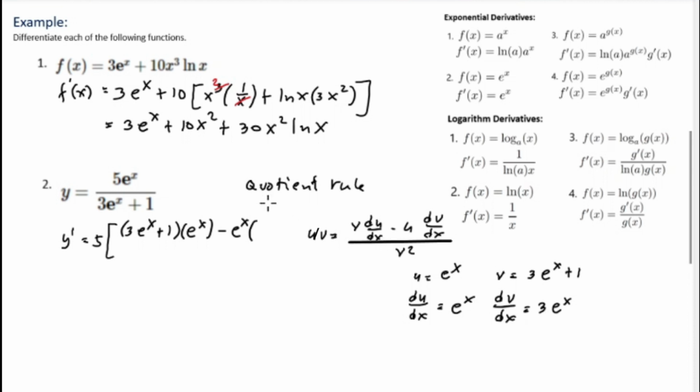It is 3 times e^x, so (3 times e^x), close parenthesis, and divide by v squared, which is (3 times e^x plus 1) squared, and we close the parenthesis.